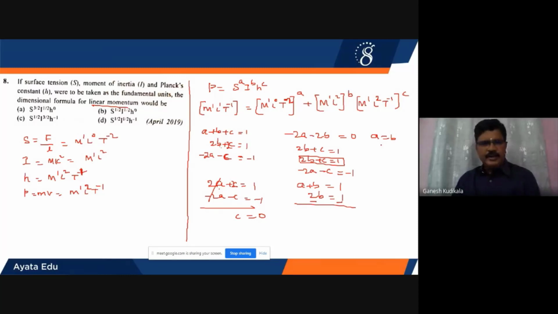Or else we can do it when a and b are equal here. A and b are equal. Let us work out clearly once again.